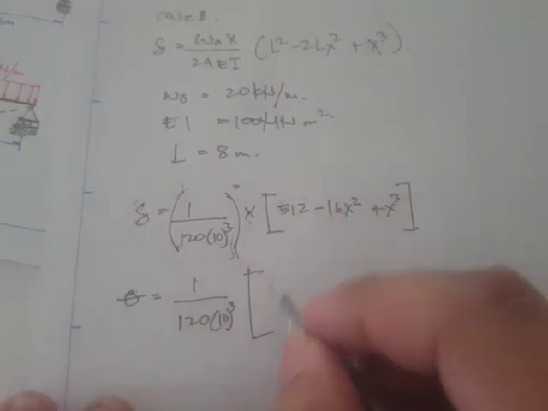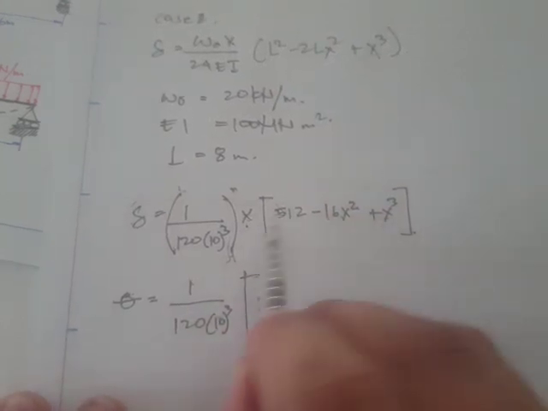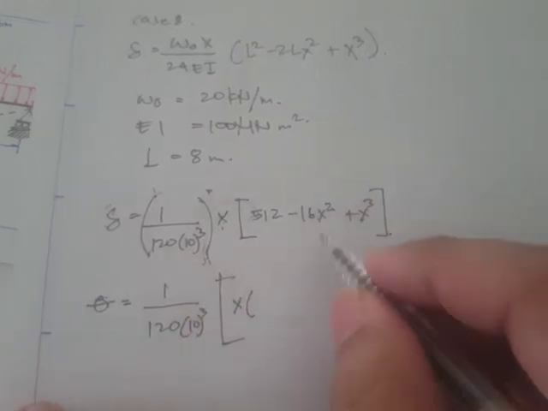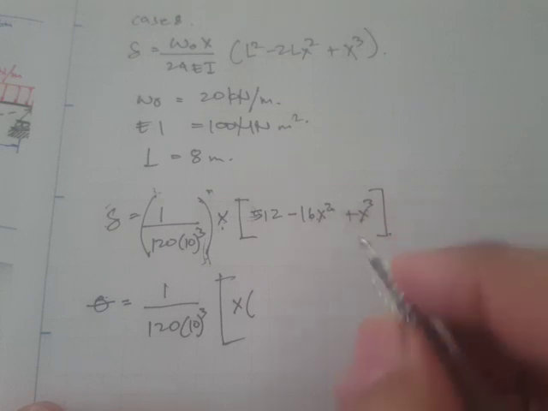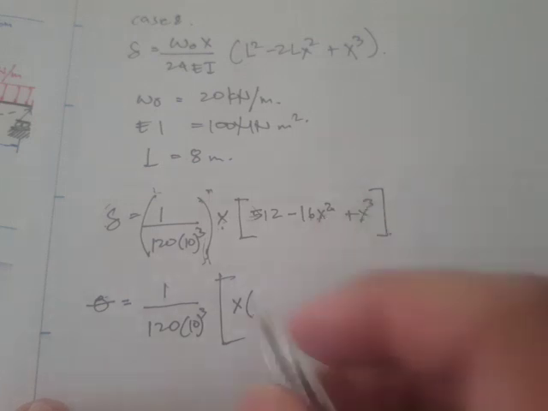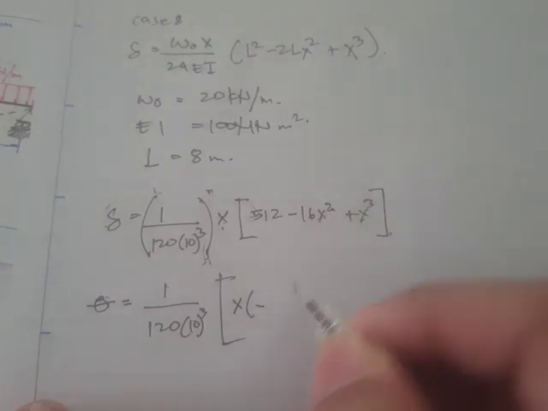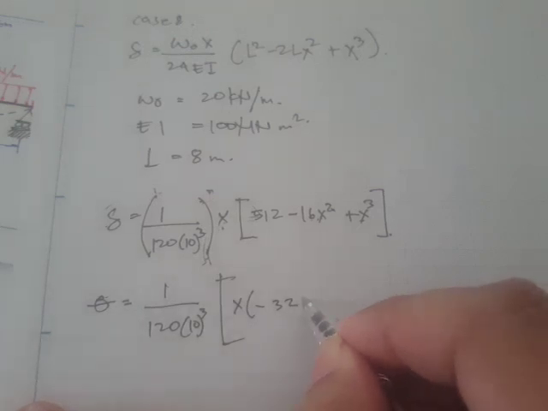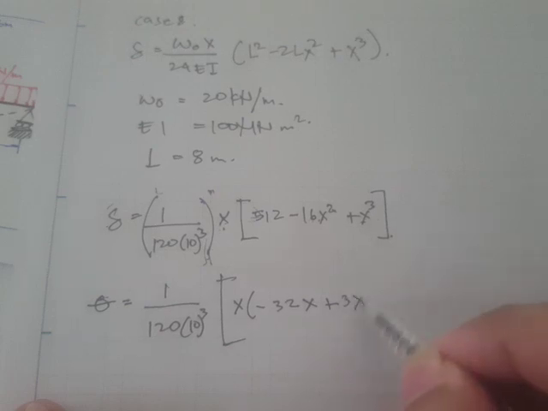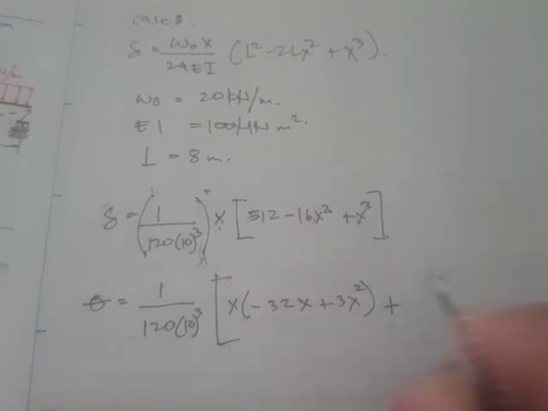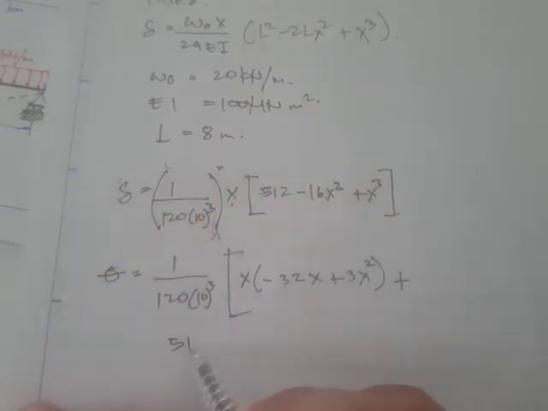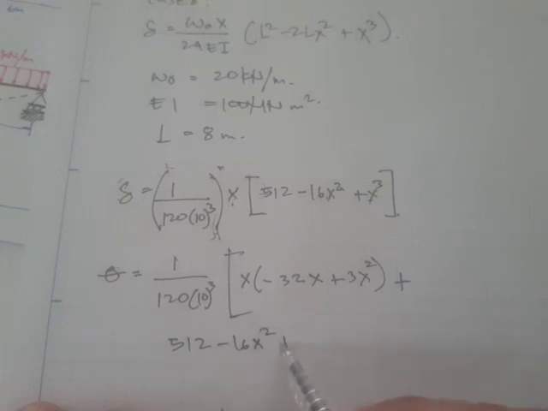First is x times the derivative of these terms, so this is just 0 minus 16 times 2, which will be minus 32x, plus 3x squared, plus this one times the derivative of this, so plus 512 minus 16x squared plus x cubed.